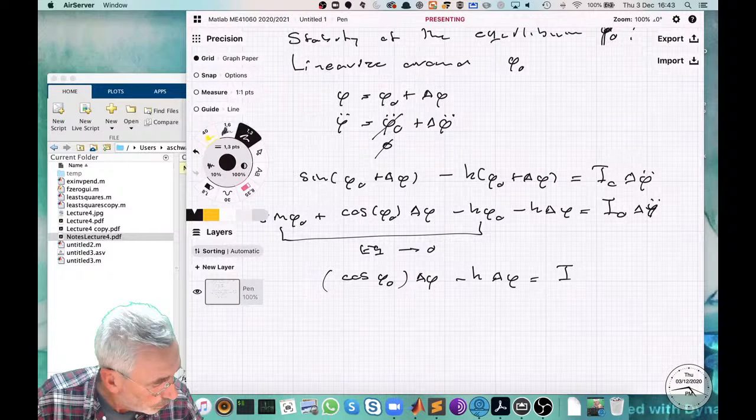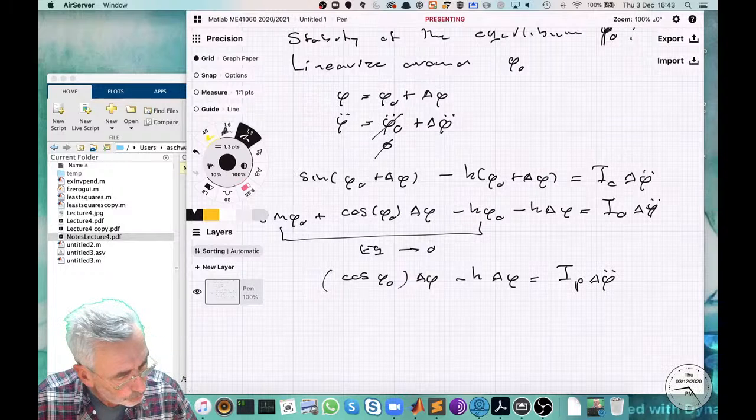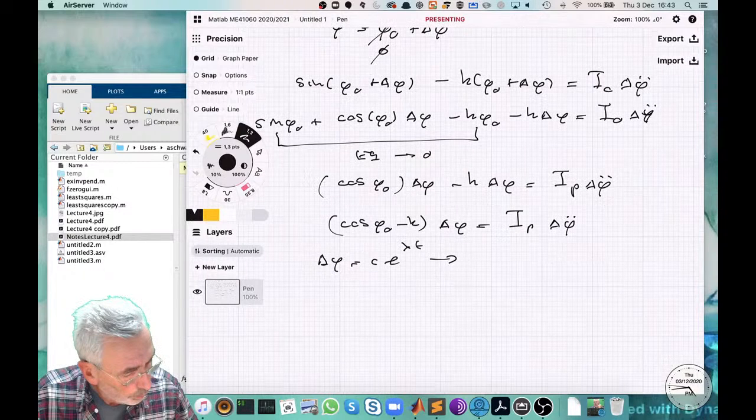And now we have a nice differential equation: cosine phi 0 minus k times delta phi equals Ip delta phi double dot. We assume these exponential motions, some constant times e to the power lambda t. If we substitute that, we get our dynamics equation, so we get our characteristic equation.